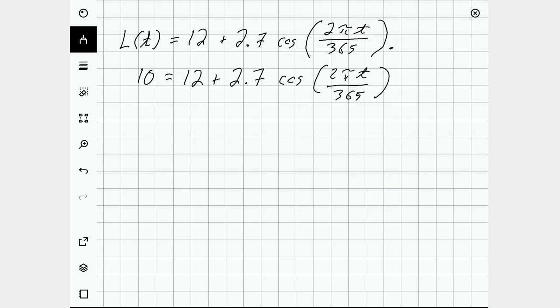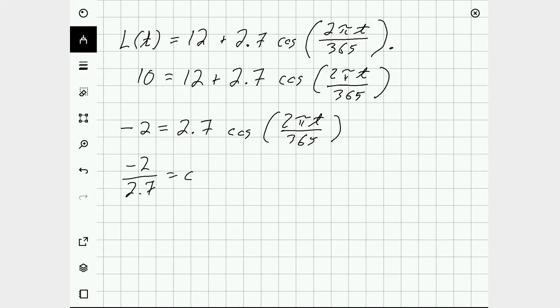Subtract 12 on both sides of the equation. Negative 2 over 2.7 is the cosine of 2 pi t over 365.